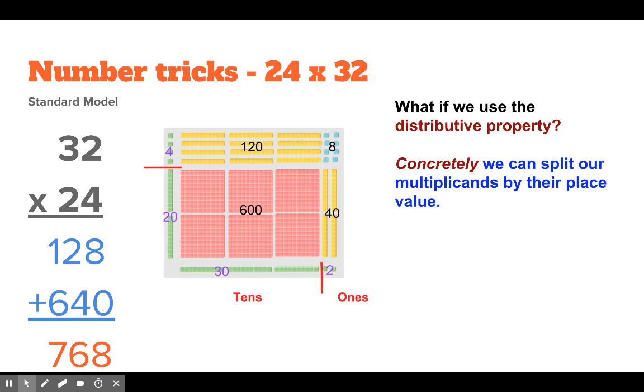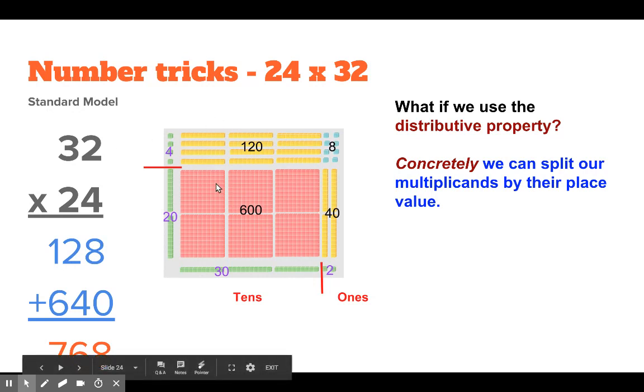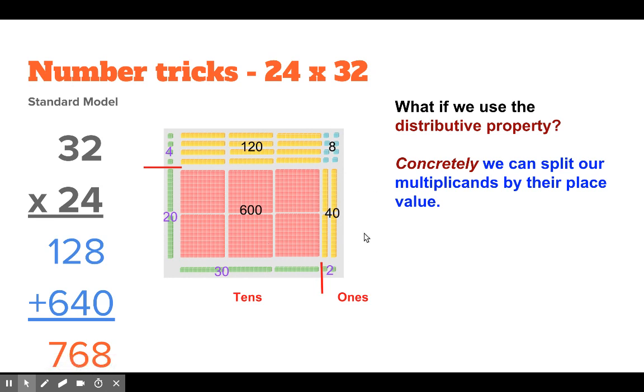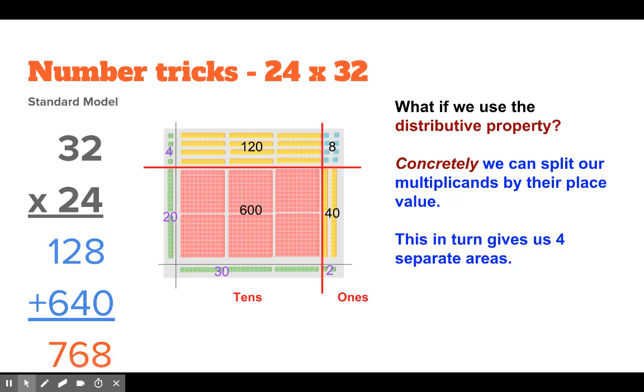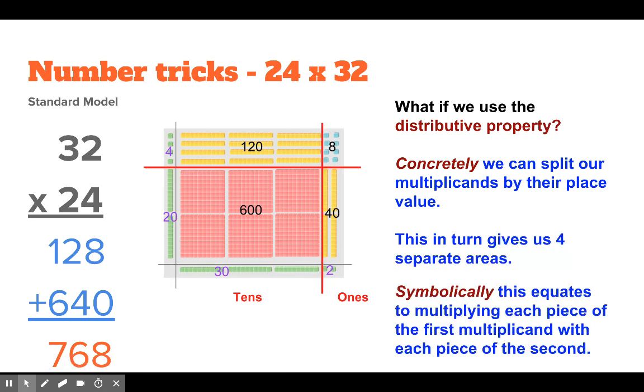In other words, if we take all of our components, so everything in this quadrant, everything in this quadrant, everything in this quadrant, everything in this quadrant, we can treat each of those differently without changing the final answer.